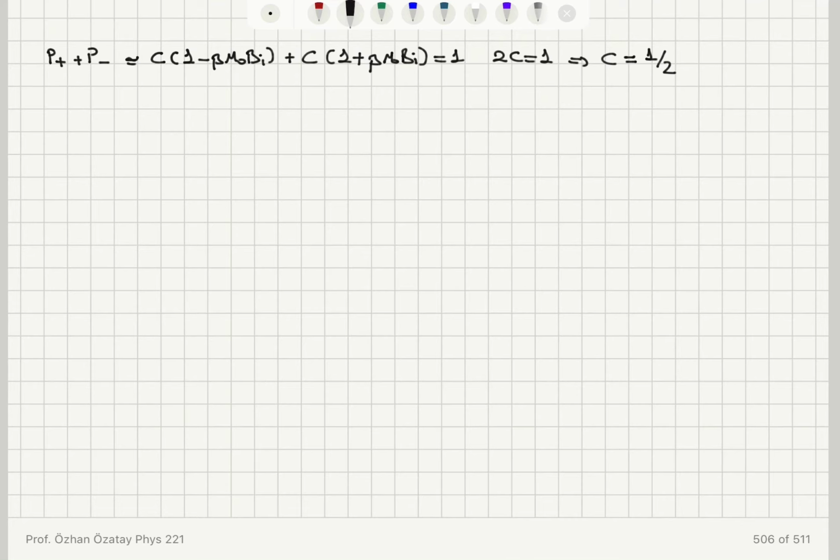So the probability P plus is 1 over 2, 1 minus beta mu 0 Bi, and I want this probability to be approximately 0, so that the probability of pointing in the other direction is approximately 1.